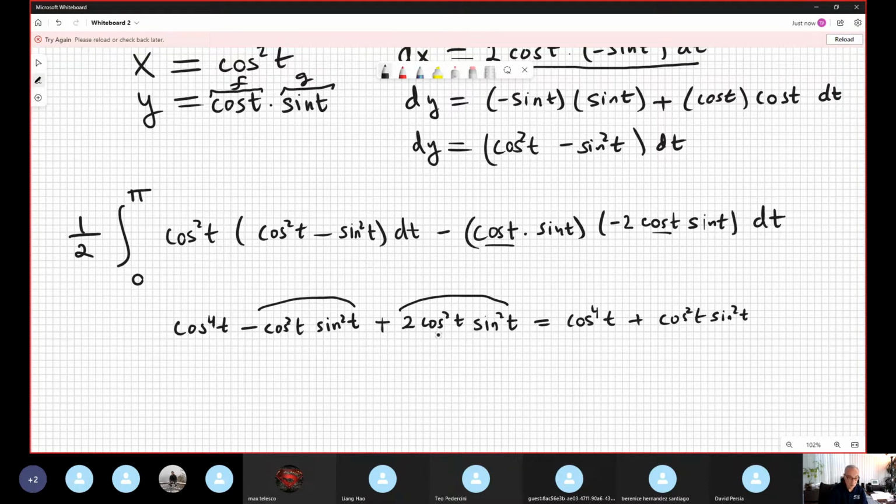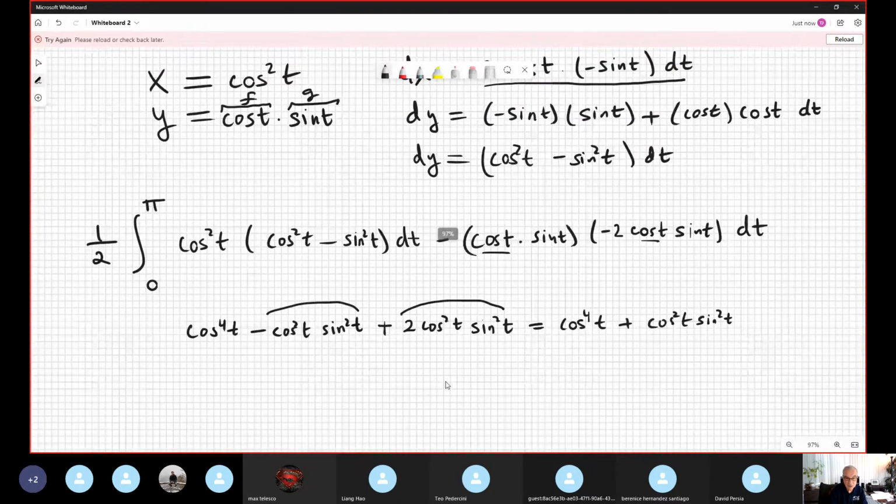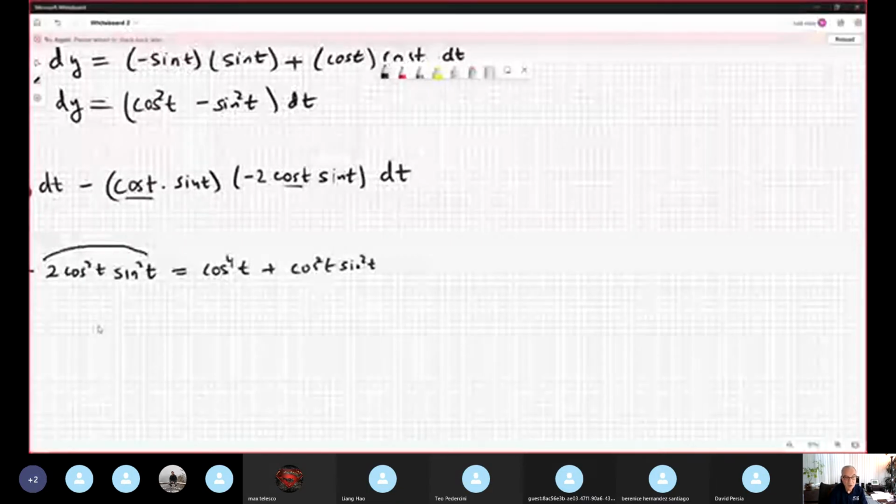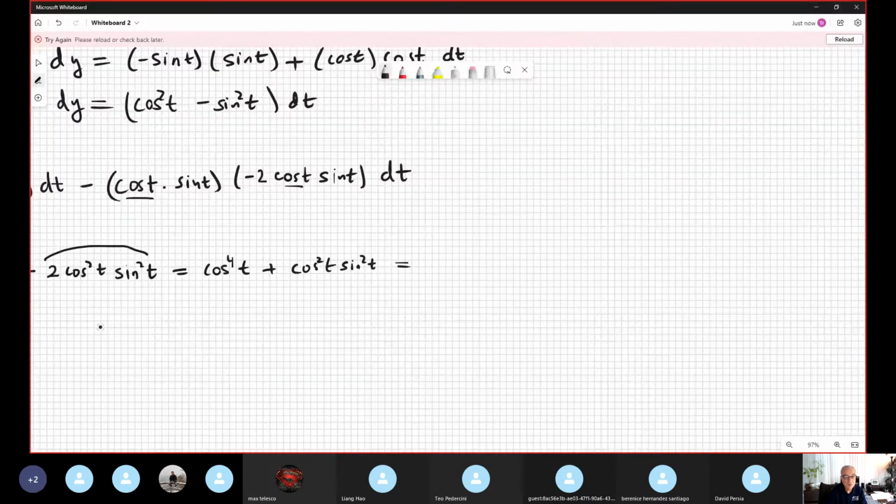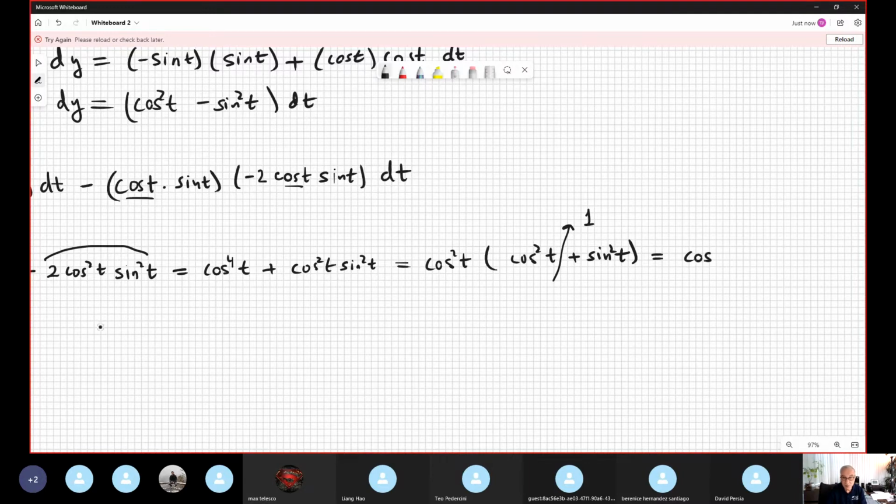Cool. Now why not factorization? At least one cosine squared t can be factored out. We have cosine squared t plus sine squared t. You know very well this famous trigonometric identity gives one. And the answer after the manipulation is cosine squared t.